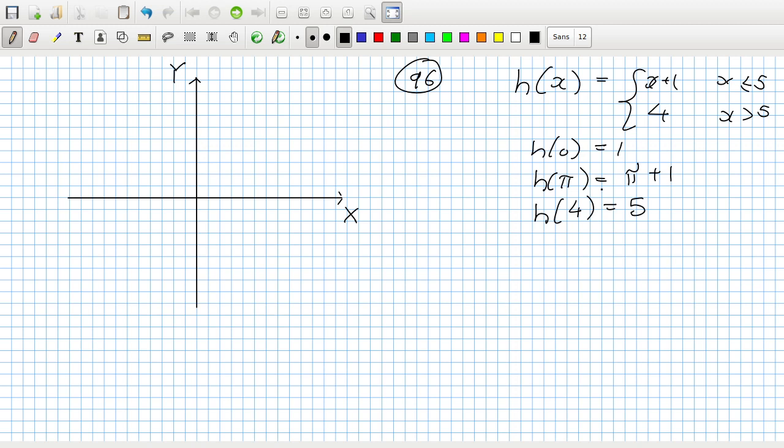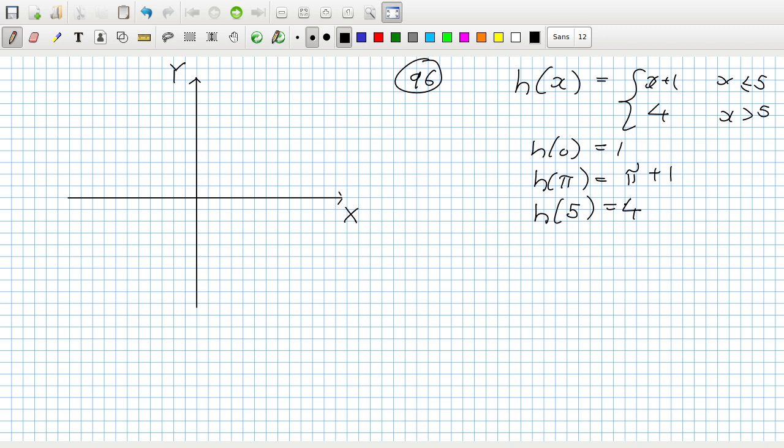What a weird choice of numbers. Less than or equal to 5. Oh, I'm sorry, I wrote the last one down wrong. The last one was 0, pi, and 5.